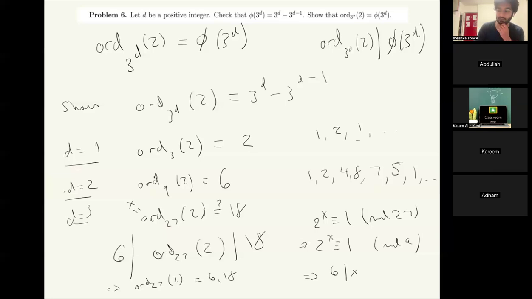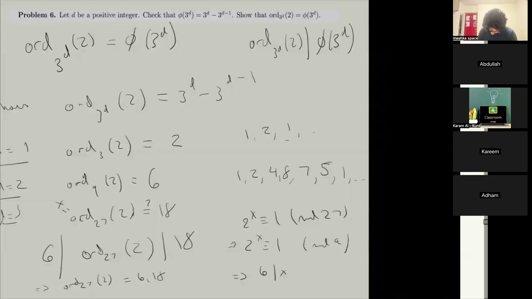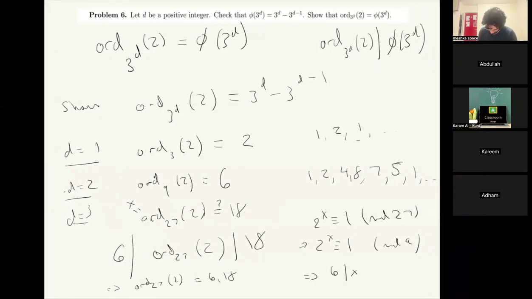You want to show that it's not 6, and what does it mean to show that it's not 6? Let me write something. The whole point is what?